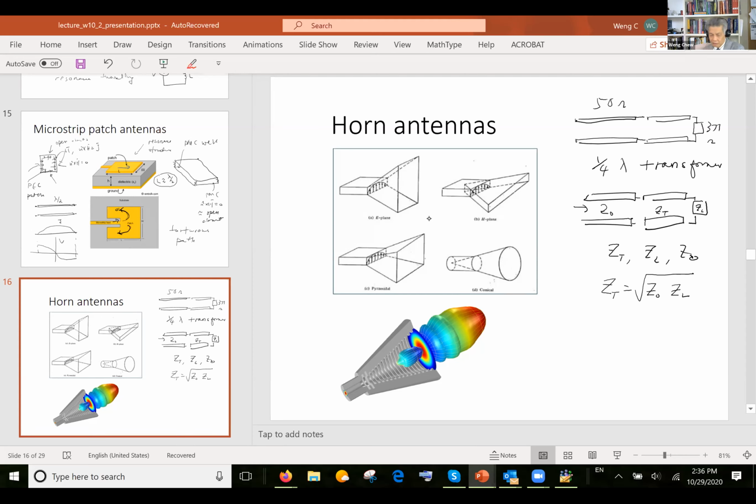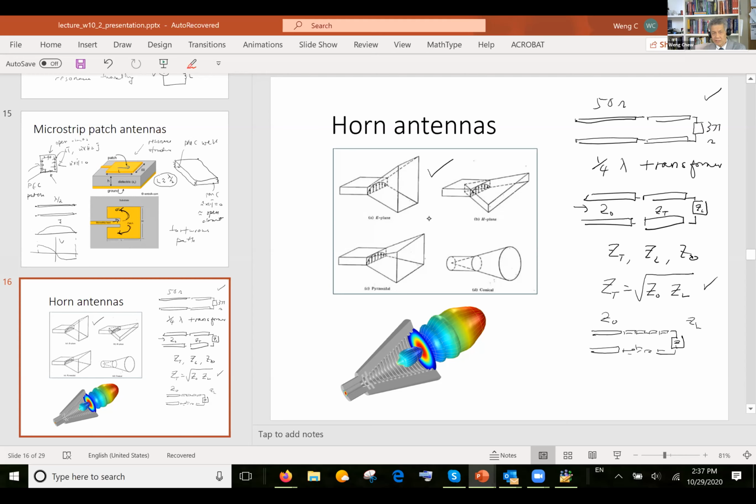Okay, so if you have something like this that is a mismatch, one way to do that is to add a lot of transmission line sections of different impedance. It's hard to design an impedance that works like this. So if you have different sections of transmission line, you gradually go from Z naught to Z load. And this antenna kind of does that.